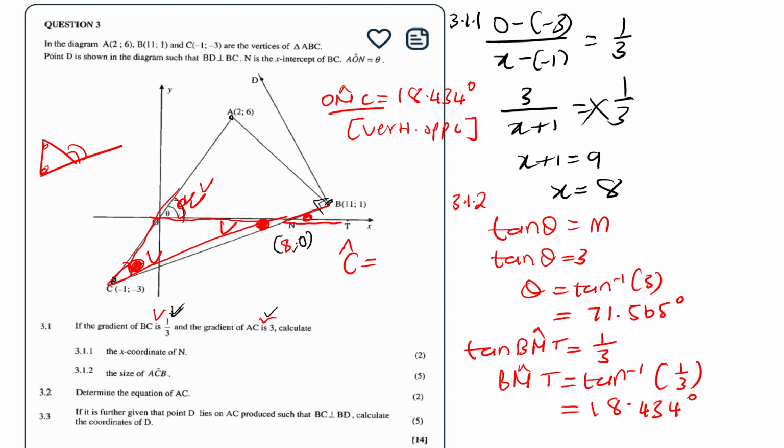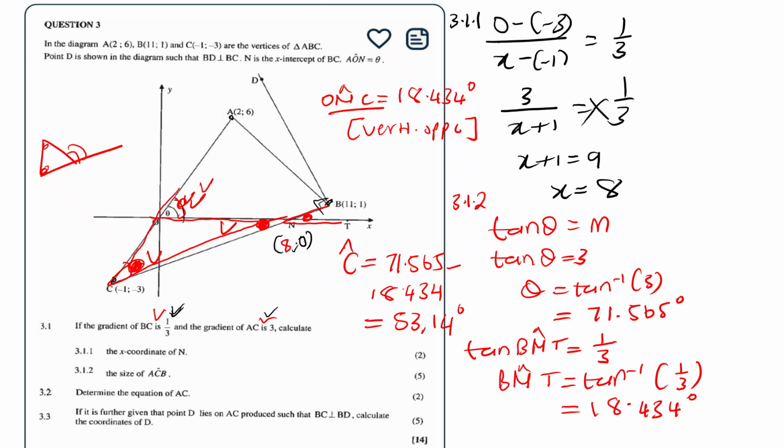So C is 71.565, the value of theta, minus ONC, which is 18.434, which gives us 53.14 degrees.